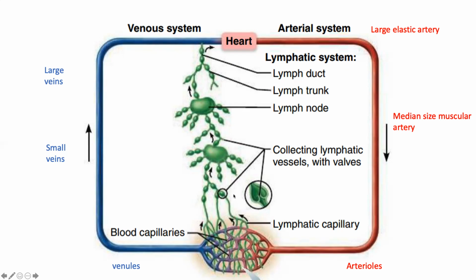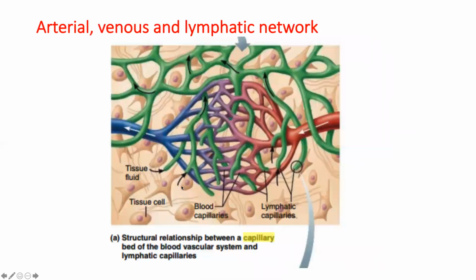And as we say, our lymphatic capillaries will be mixed and meshed with the blood capillaries around the cell. So let's look at this capillary level more closely. So this is the arterial side of the capillaries, venous side of the capillaries, and the cells are just around these capillaries.